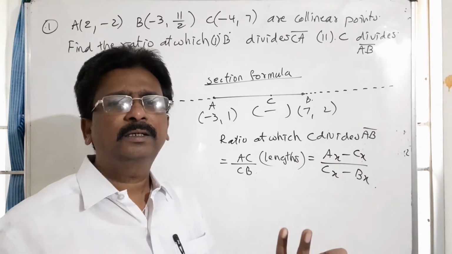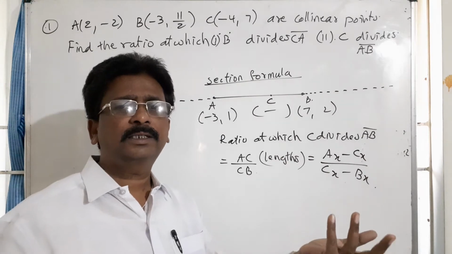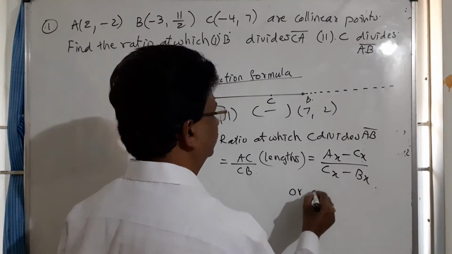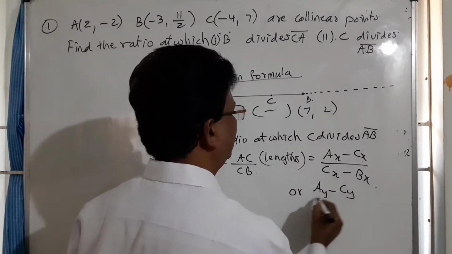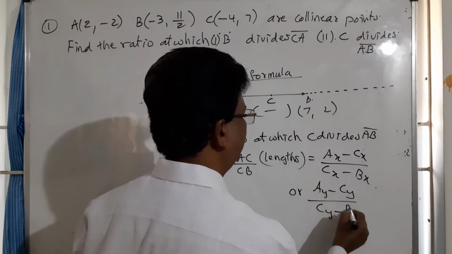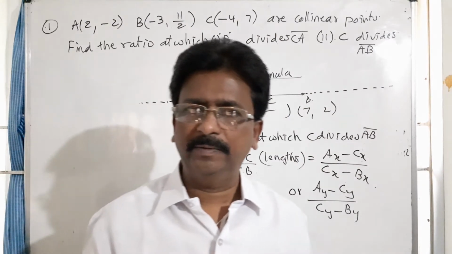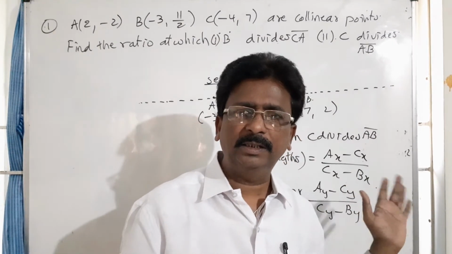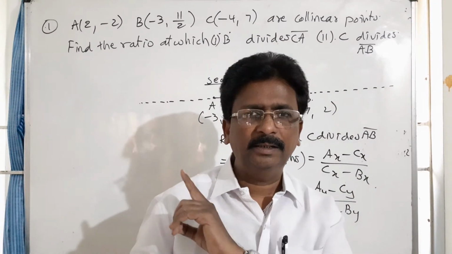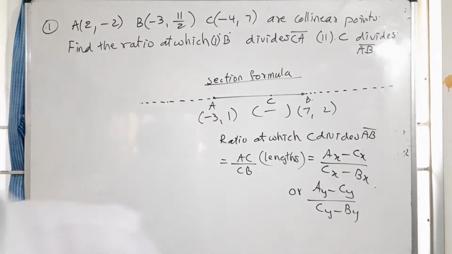Or otherwise, the difference of the y coordinates, (Ay - Cy) / (Cy - By). That gives the ratio at which C divides AB.